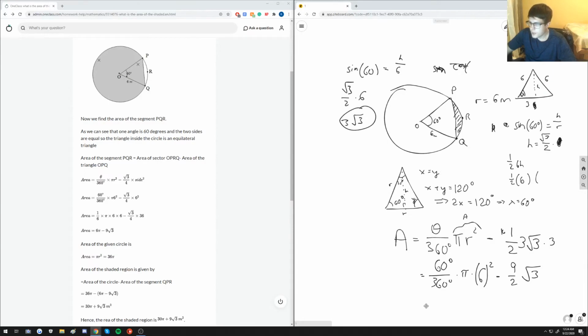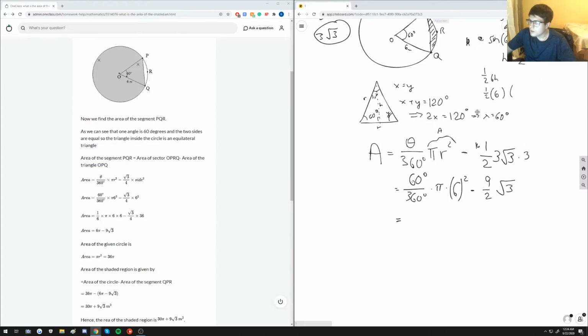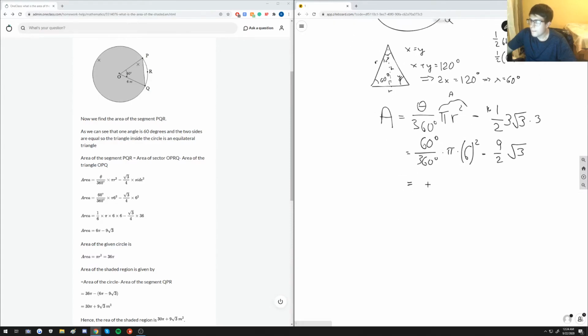And then we would do 1/6 pi times 36, which will just give us 6 pi in the next line, and then minus 4.5 root 3. Okay, and then we would get 6 pi minus 4.5 root 3.